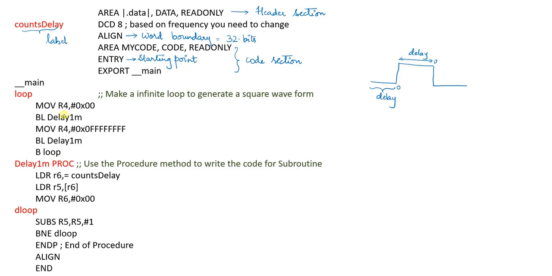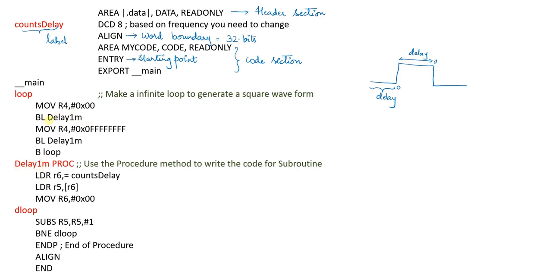Then BL delay 1m. BL stands for branch with link, okay. So delay 1m is the label that we have specified here.